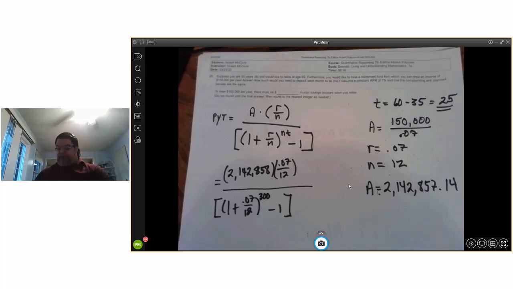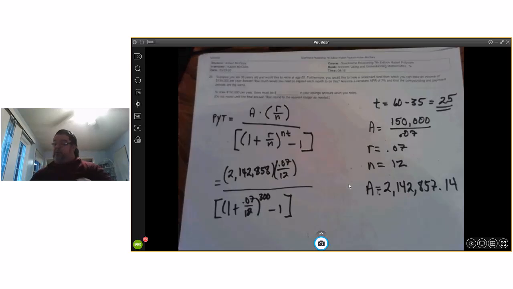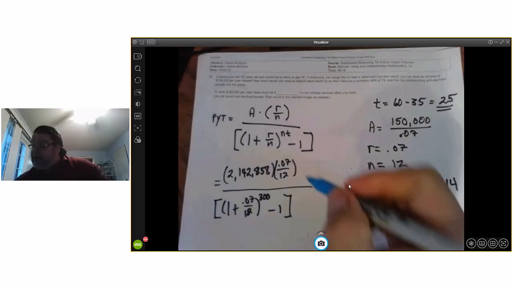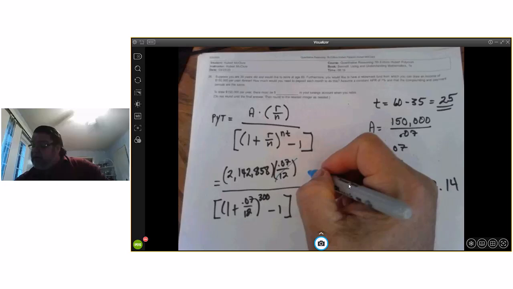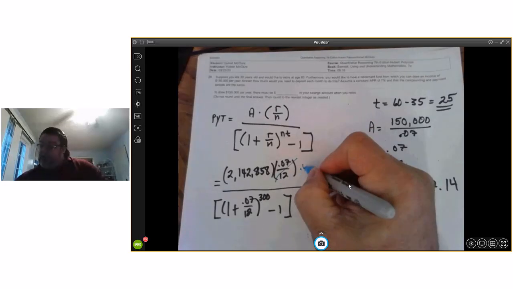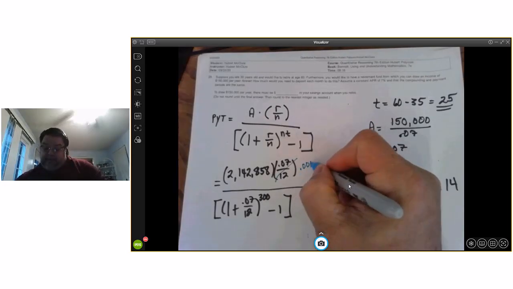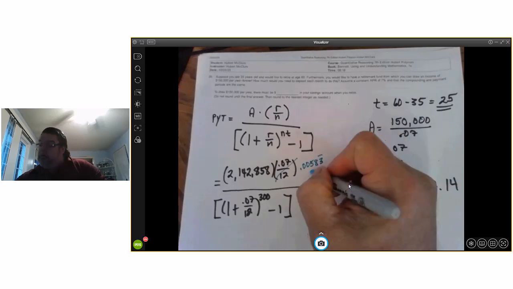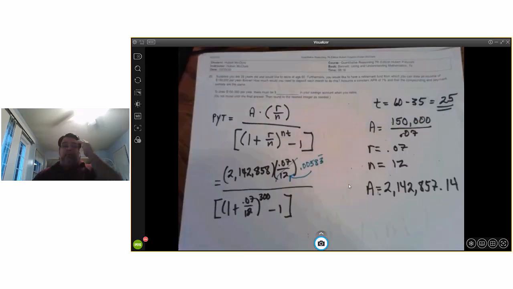And I'm just going to write that in a different color. I went and bought new markers for y'all. So that 0.07 divided by 12 comes out to be 0.00583 repeating. Okay. So that may save you.